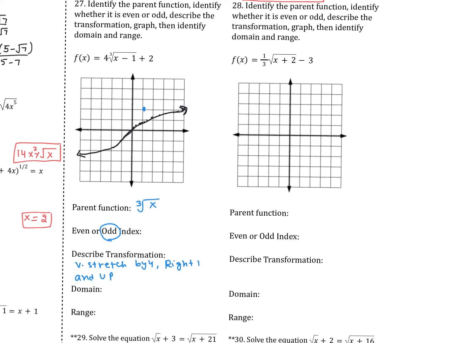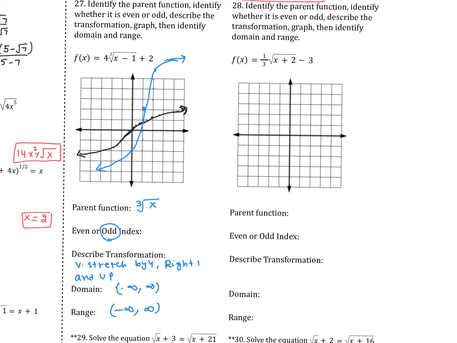So 1, 2, 3, 4 units stretched. So the graph of this is going to look like this. And domain for this one is negative infinity to infinity, and range is also negative infinity to infinity.